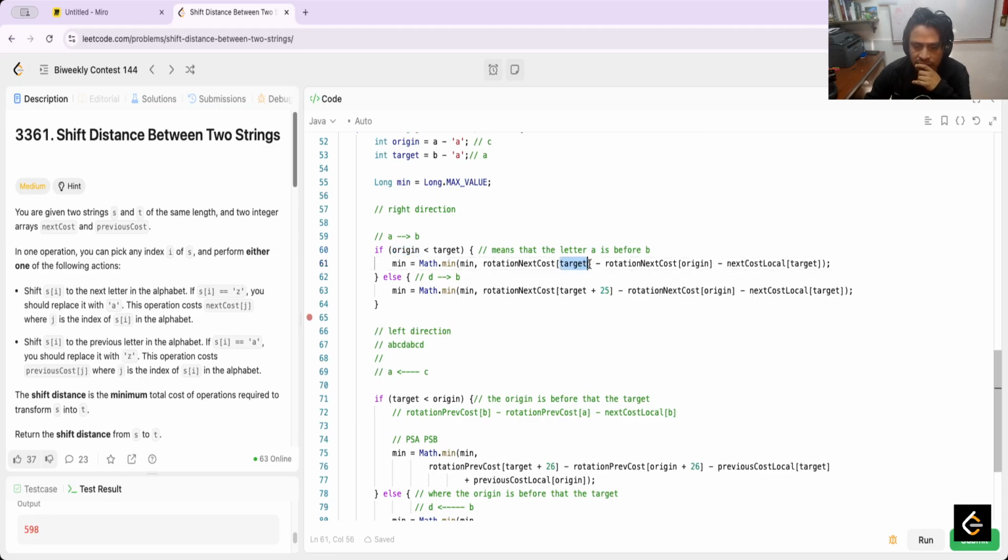For example, the letter A in the next goes less the target, less this, less next goes local in target. For example, the letter B less letter A less the value of letter B.